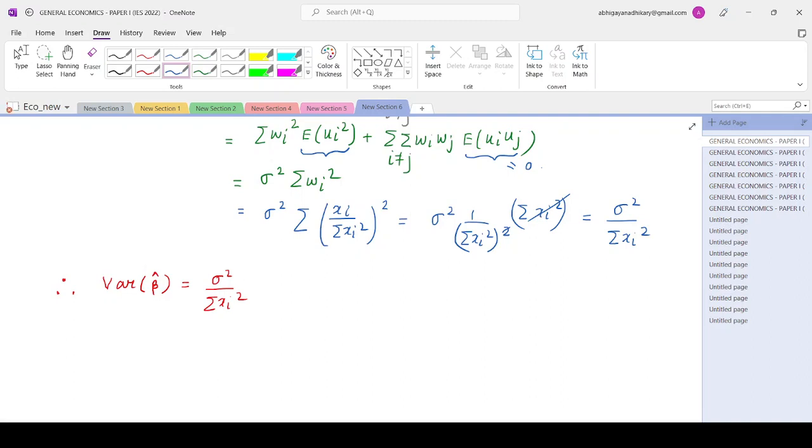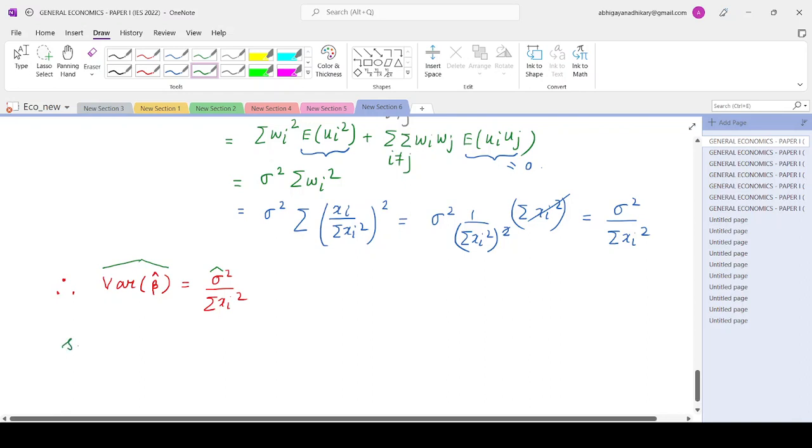How are you going to calculate that? It's an unknown population parameter, so we again need to estimate this. The moment I replace sigma square by the estimated sigma square, this becomes the estimated variance of beta hat. And if you take the square root of this, that is basically the standard error.